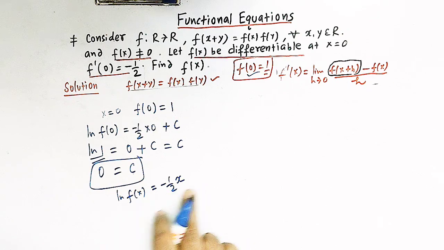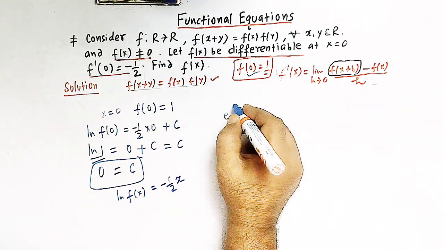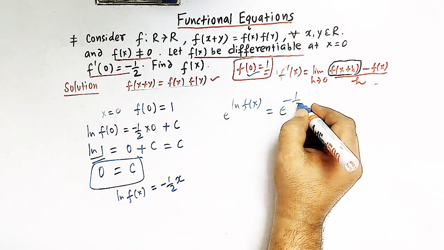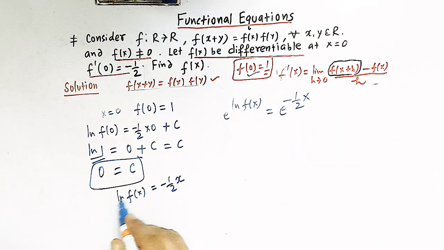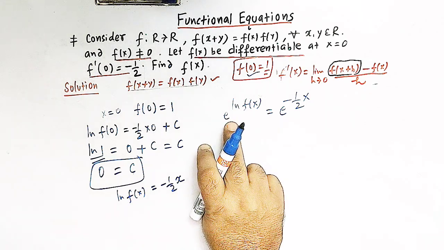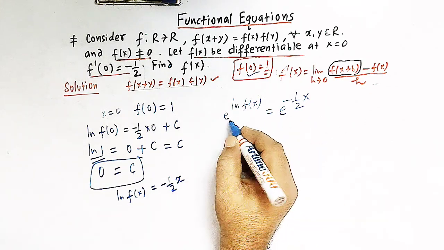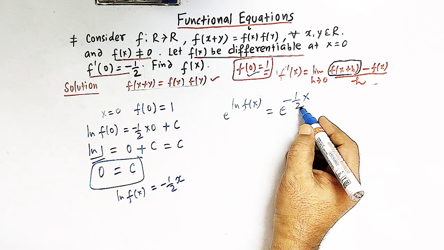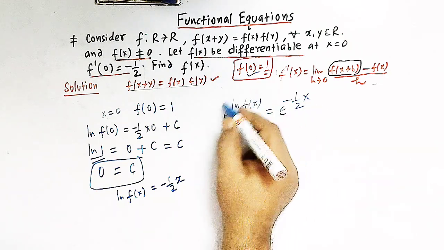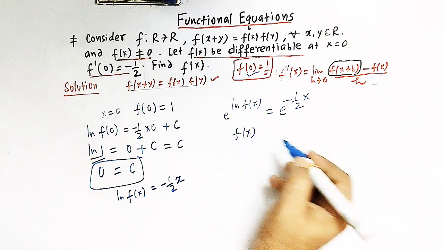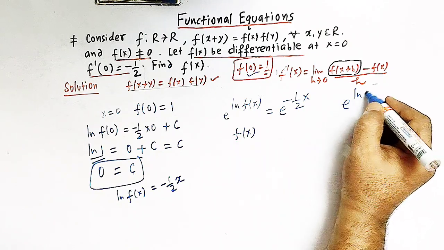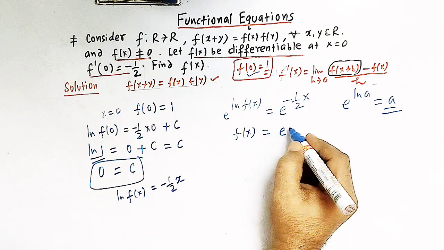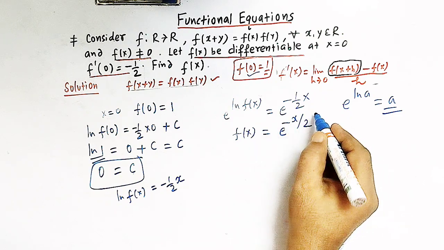So now this equation can also be written as e raised to log of f of x is equal to e raised to minus half x. So taking the exponential of both the sides, we have e raised to natural log of f of x is equal to e raised to minus half x. So this term is simply equal to f of x, because we know that e raised to log of a is equal to a, and here we have e raised to minus x by 2.